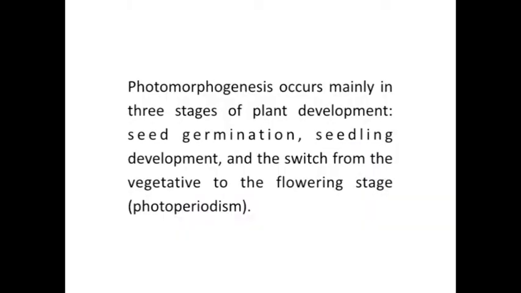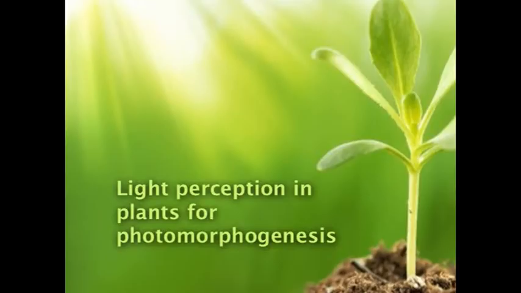Photomorphogenesis occurs mainly in three stages of plant development, that is the seed germination, seedling development and the switch from the vegetative to the flowering stage or during photoperiodism. Next, let us see light perception in plants for photomorphogenesis.